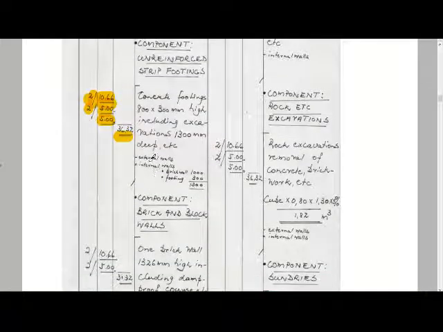And then you will see there are some additional calculations here: external walls, internal walls. Brick wall is 1,000 millimeters, and your footings is 300 millimeters.